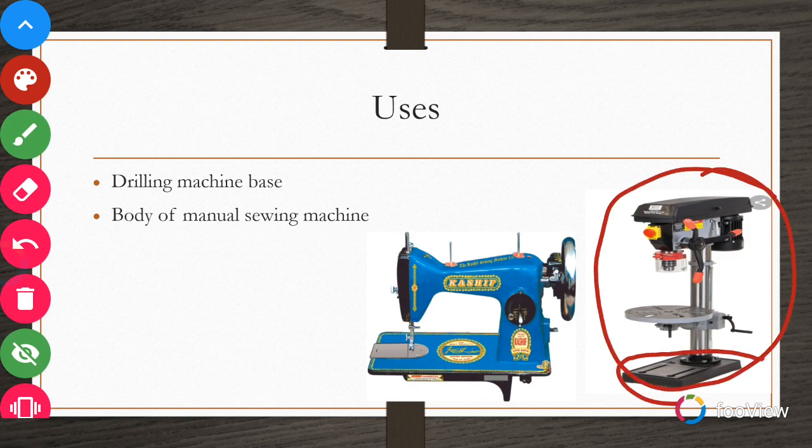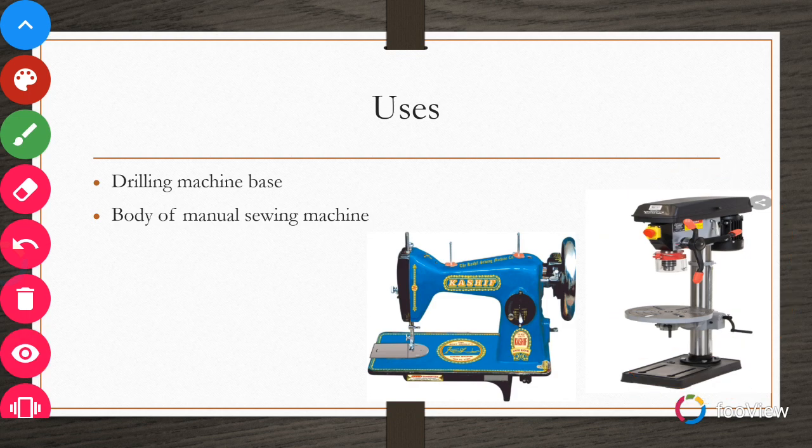So the base over here is made from cast iron. Then on the left we have the manual sewing machine, which is also made from cast iron.